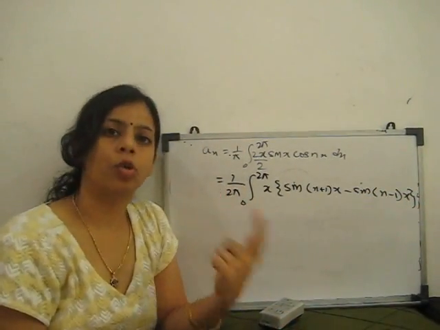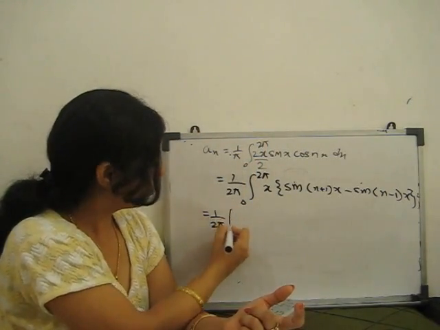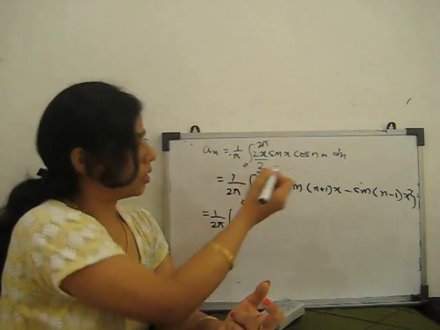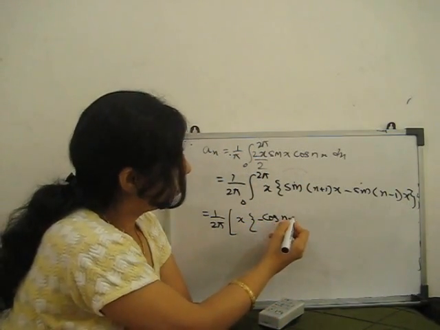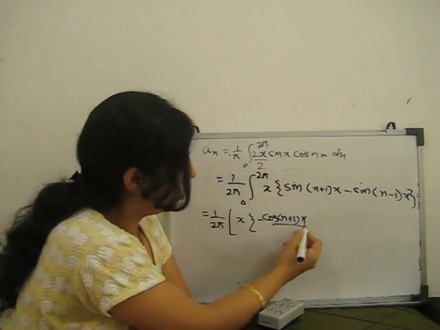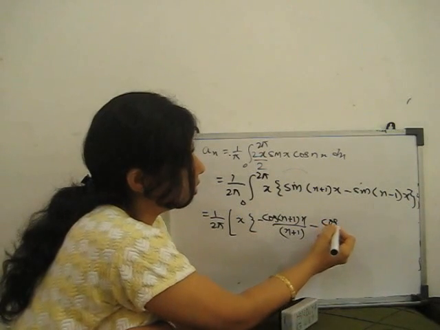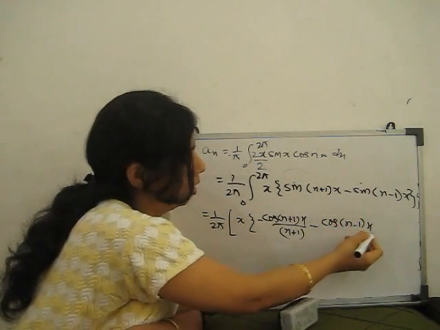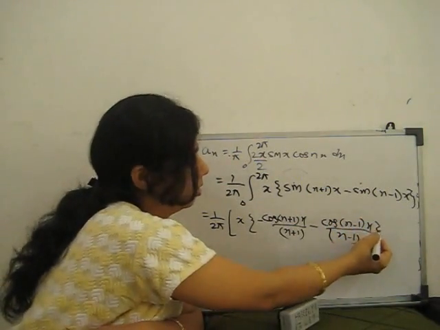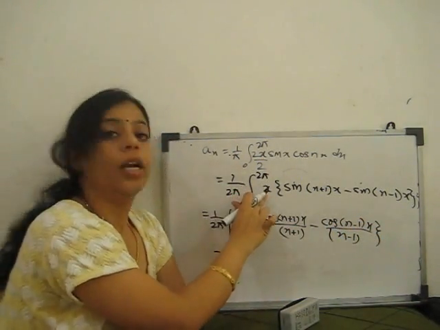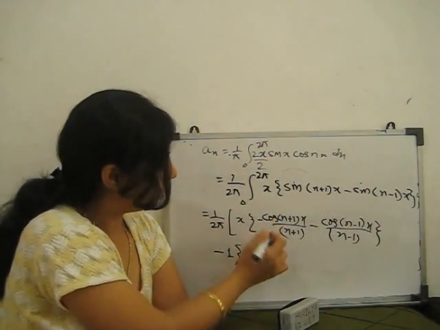Now again we have to integrate by parts. 1 upon 2 pi, u as it is. Integration of sin gives minus cos(n plus 1)x upon n plus 1, minus this part gives cos(n minus 1)x upon n minus 1. Clear? Minus, derivative of x is 1, integration of this.